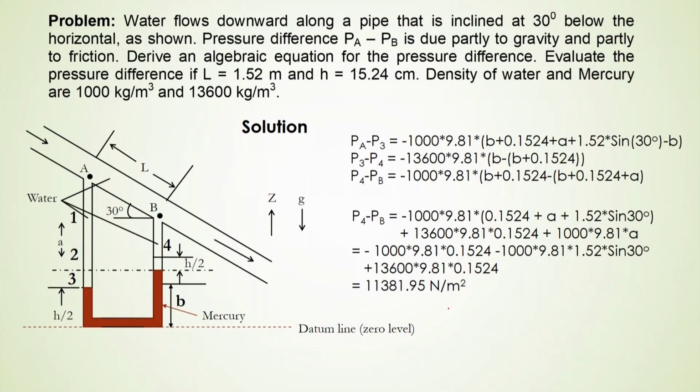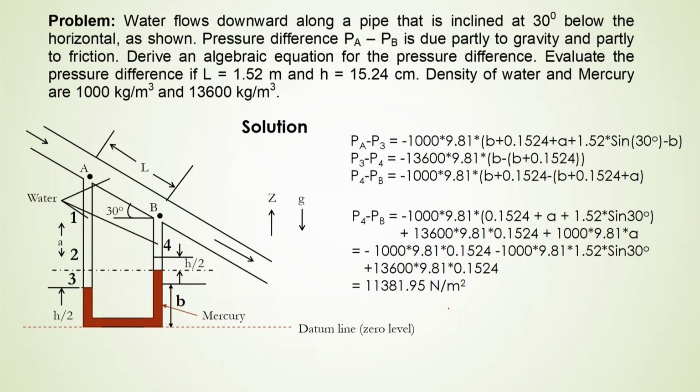Here is one example to estimate the pressure. In this case, water flows downward along a pipe that is inclined at 30 degrees below the horizontal as shown here in the figure, and the pressure difference P A minus P B is due partly to gravity and partly to friction.